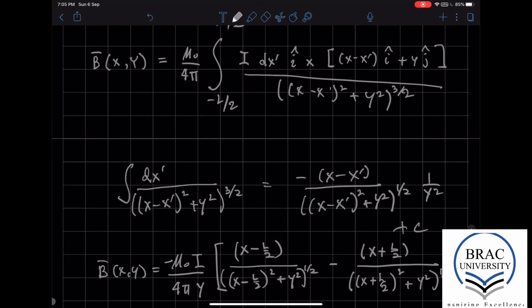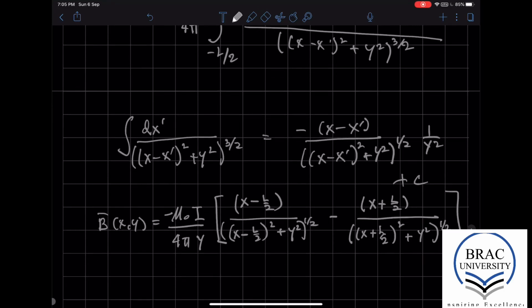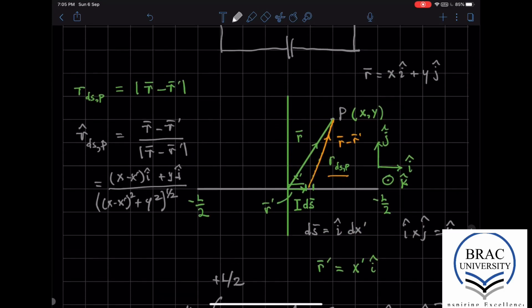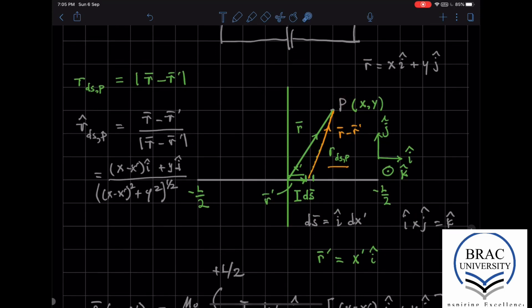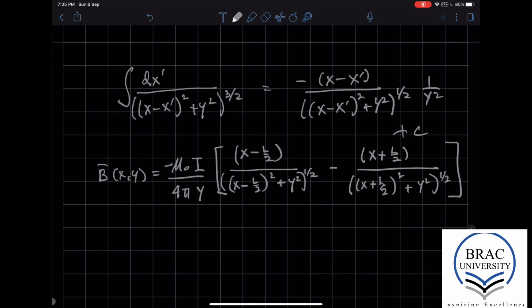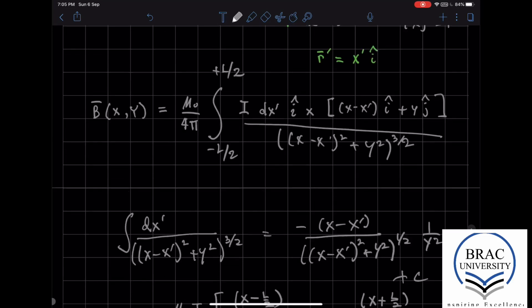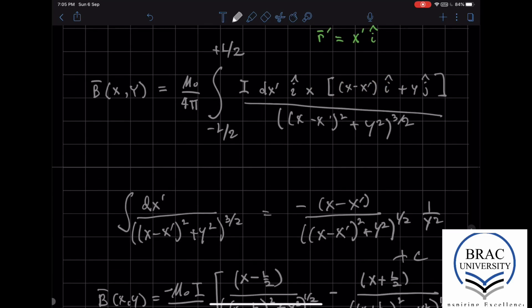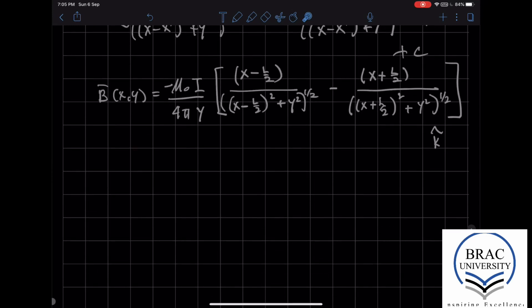And that is our final answer for the magnetic field at the point P due to a finite wire carrying current. Of course we cannot forget that this has a direction. It's going to be in the direction of k because of the cross product between i and j, so we have the resultant vector in the k direction.